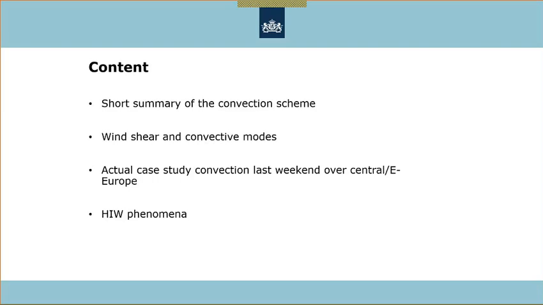And then I will show you an actual case study of convection that happened over Central Eastern Europe. In this slide you can see that was last weekend, but that was the weekend before, so it was the weekend of the 24th and 25th of April.